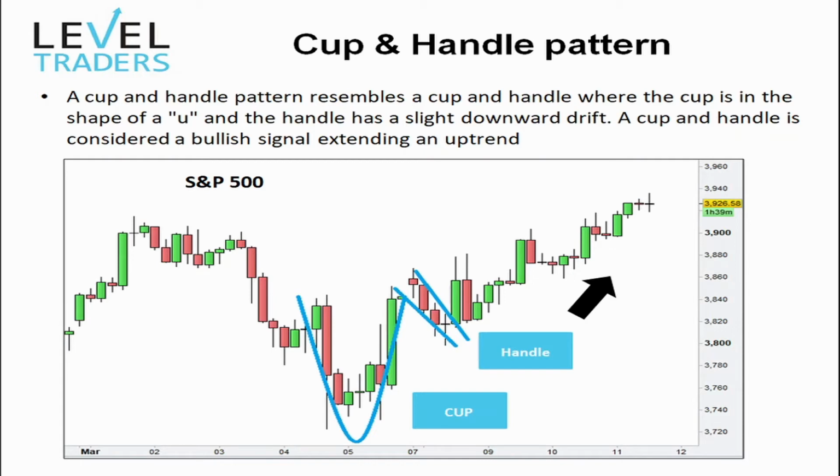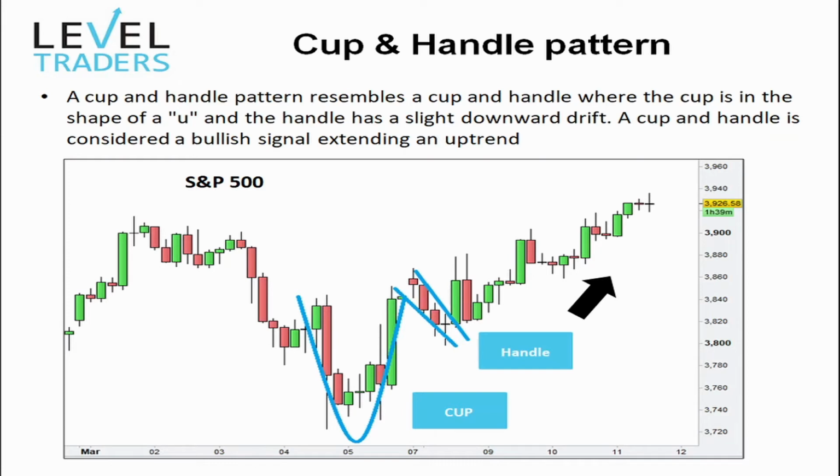Now if the handle drops below the lower half of the cup, it's no longer considered a cup and handle in most cases. The handle should ideally not dip below the top third of the cup for it to be a cup and handle pattern. However, with volatile markets or overreactions, the retracement could be anywhere from 1/3 to 1/2 of the cup.